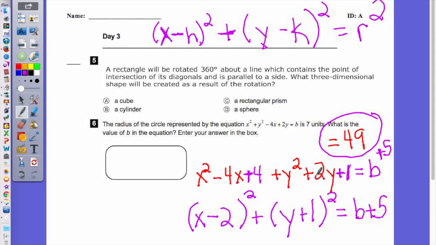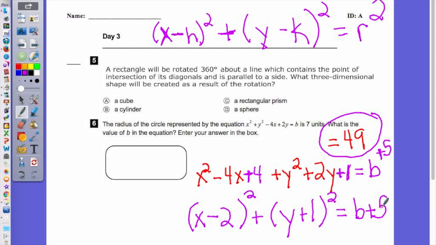What's half of 2? And 1 squared is 1, so I added 4 here, I added 1 here. I can do whatever I want to one side of the equation as long as I do it to the other. So the standard form of this equation is x minus 2 quantity squared plus y plus 1 quantity squared. This means if this were a circle, the center of it would be at 2, negative 1.